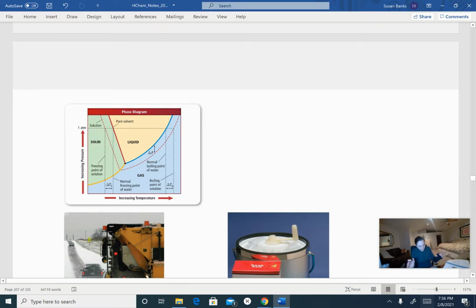So our liquid state, when we have solute dissolved into the solvent, becomes much greater. So we lower the freezing point and we raise the boiling point.